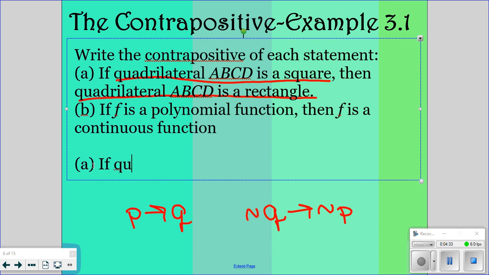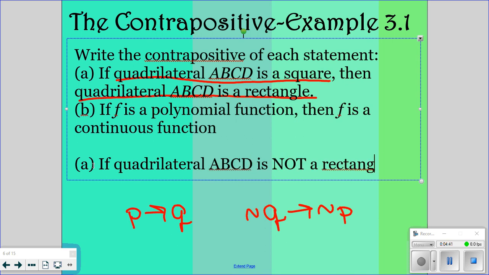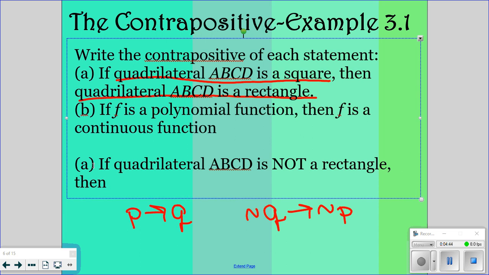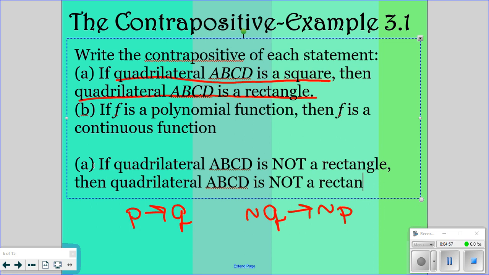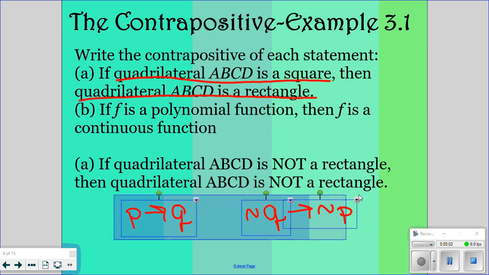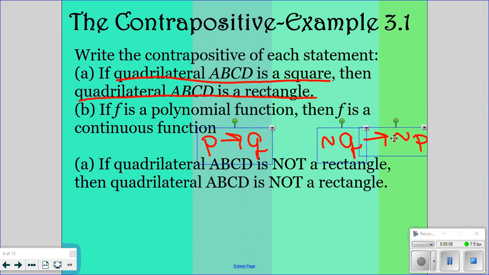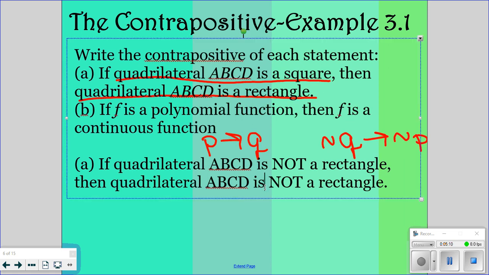So if quadrilateral ABCD is not a rectangle, then not P. So our P was quadrilateral ABCD is a square. So then quadrilateral ABCD is not a square. You don't have to capitalize the not. I'm just putting it there to help emphasize. So you switch them and you negate them. So that's how you do that one.